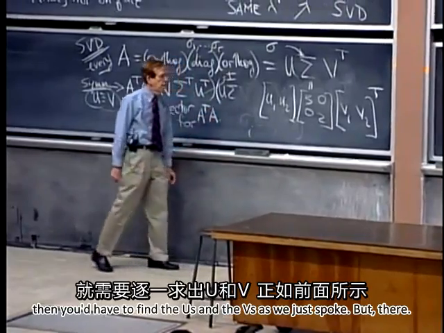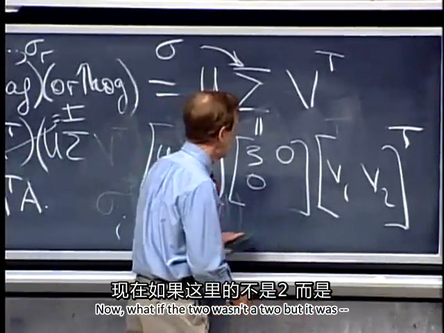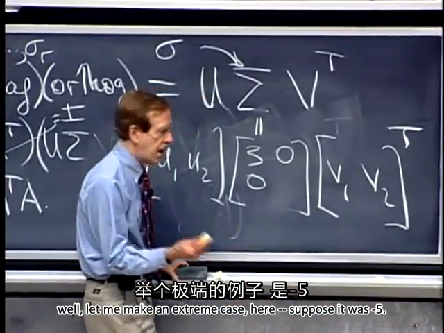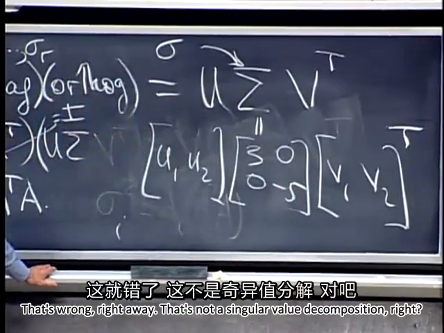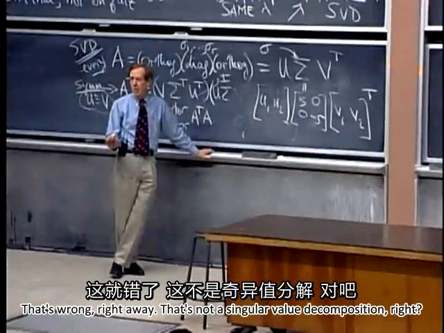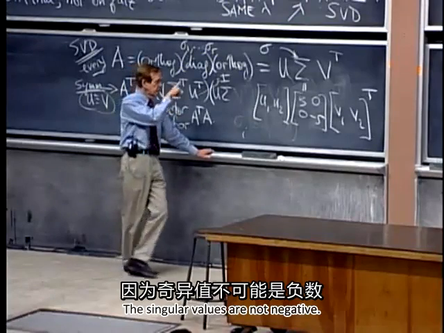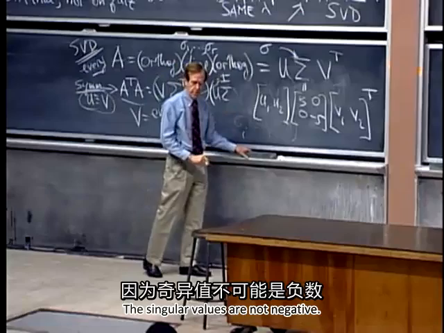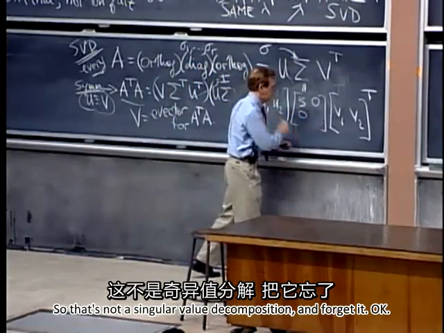But there. Now, what if the 2 wasn't a 2, but it was, well, let me make an extreme case here. Suppose it was -5. That's wrong right away. That's not a singular value decomposition, right? The singular values are not negative. So that's not a singular value decomposition, and forget it.